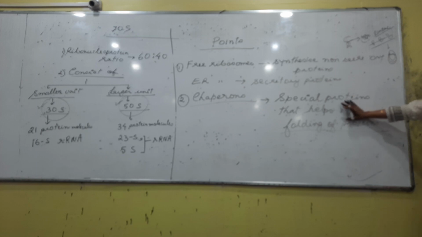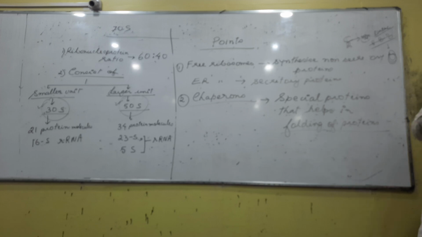Another point is, if the proteins that are formed do not get folded, then what happens? Then there is a tendency that the proteins will convert themselves to prions. Remember the word prions we discussed during virus, right? Subviral particles, the word we read, prions. What were prions? Infective protein molecules, right?